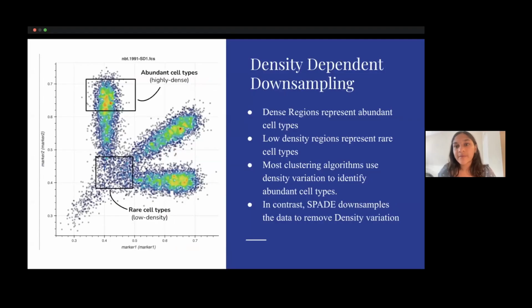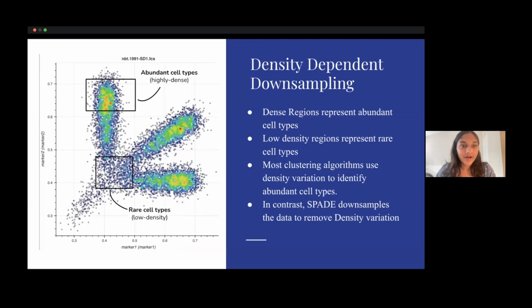The first step is density dependent downsampling. Over here in this graph, the x-axis is one marker and the y-axis is another marker, so we can only visualize two markers at a time. Imagine the number of combinations of graphs you might have if there are up to 20 or more markers.